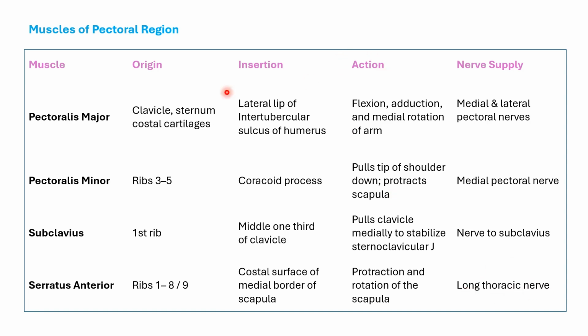And the actions: pectoralis major, flexion, adduction and medial rotation of the arm. Pectoralis minor pulls the tip of the shoulder down and protracts the scapula. Subclavius pulls the clavicle medially to stabilize the sternoclavicular joint, and serratus anterior produces protraction and rotation of the scapula.